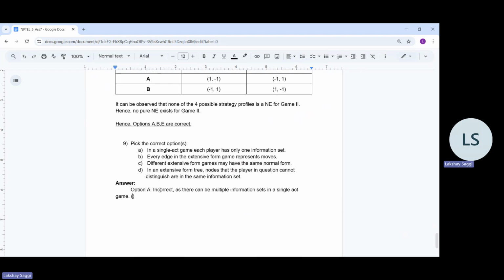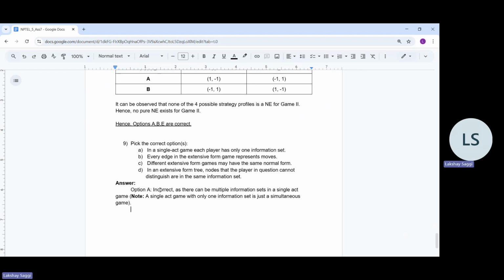And just as a side note, a single act game with only one information set is nothing but a simultaneous game.